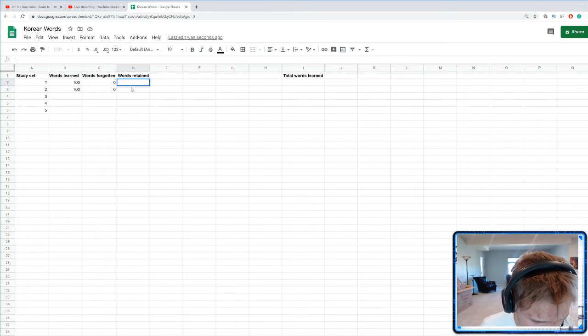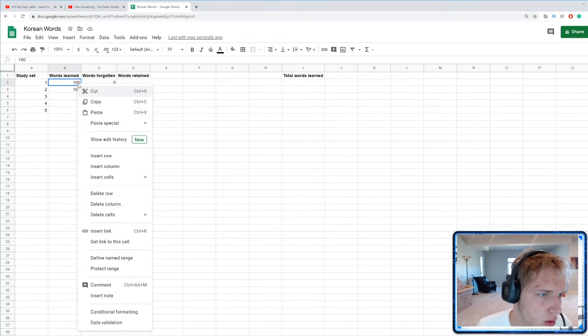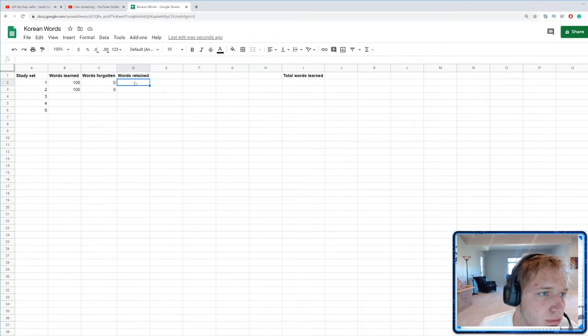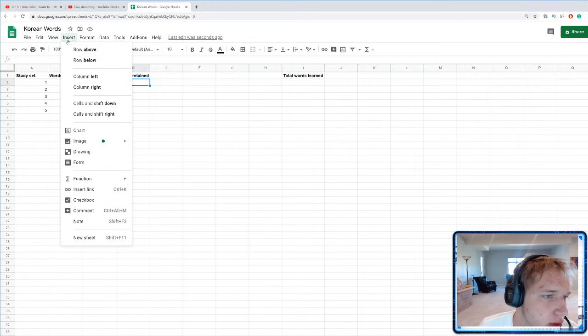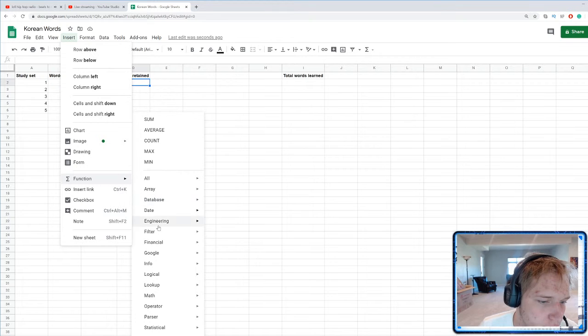Let's see. Oh man, I forgot how to do this. I haven't worked with this in a while, so I think if I say B1, insert, I want a formula function.